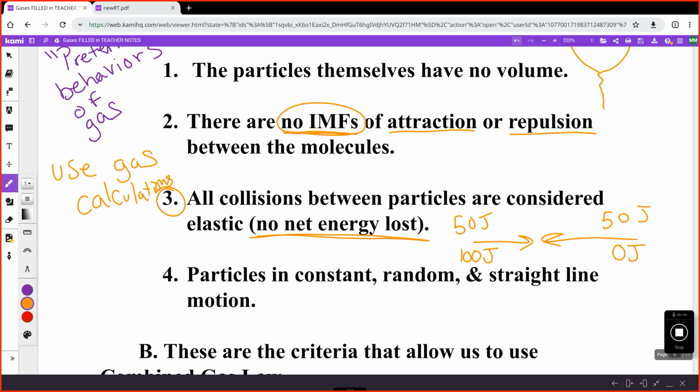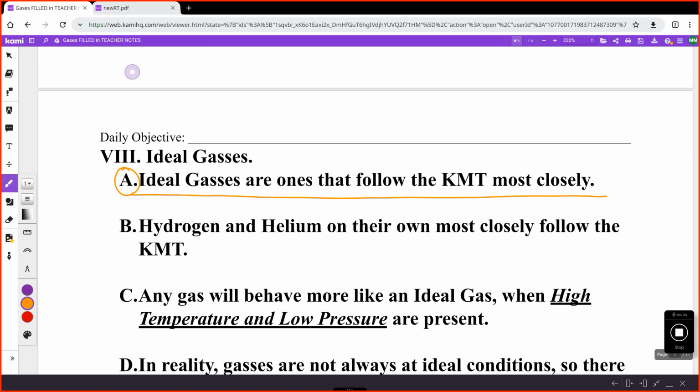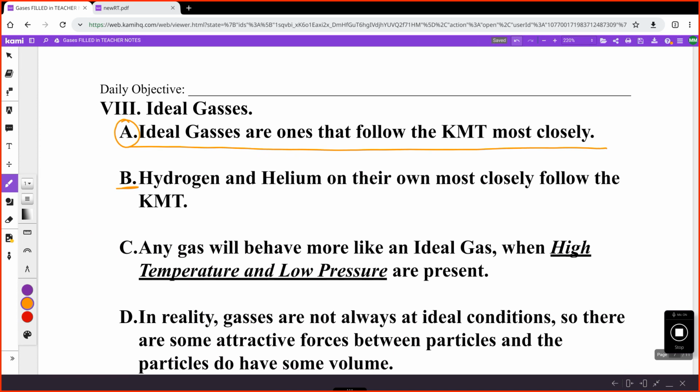That would be an ideal gas, because those are the four conditions that make an ideal setting for gas calculations. So the two molecules that are most closely behaving like an ideal gas are hydrogen, H2, and helium. Okay, those two on their own will already behave as close to the KMT as possible. And that's good because it helps us with our calculations being more accurate.